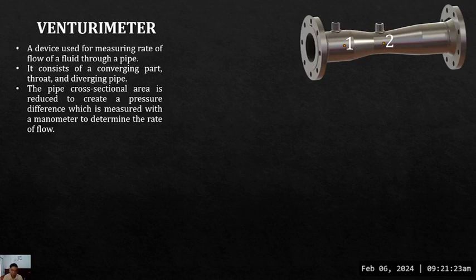So, ang nangyayari, di ba, sa point 1, you have a certain velocity. Pagdating sa point 2, lalaki yung velocity natin, di ba? So, since lalaki yung velocity, yung pressure head dyan, liliit.